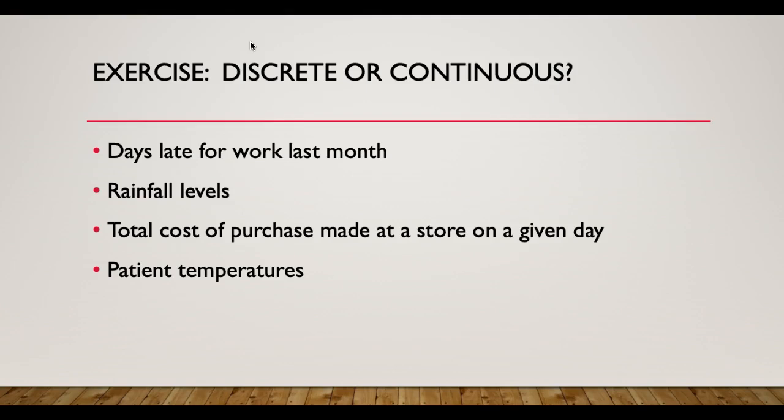Total cost of purchase made at a store. That will be discrete because you can only purchase within the currencies that we have. Patient temperatures at a hospital, say. That would be continuous because, again, it can be measured.